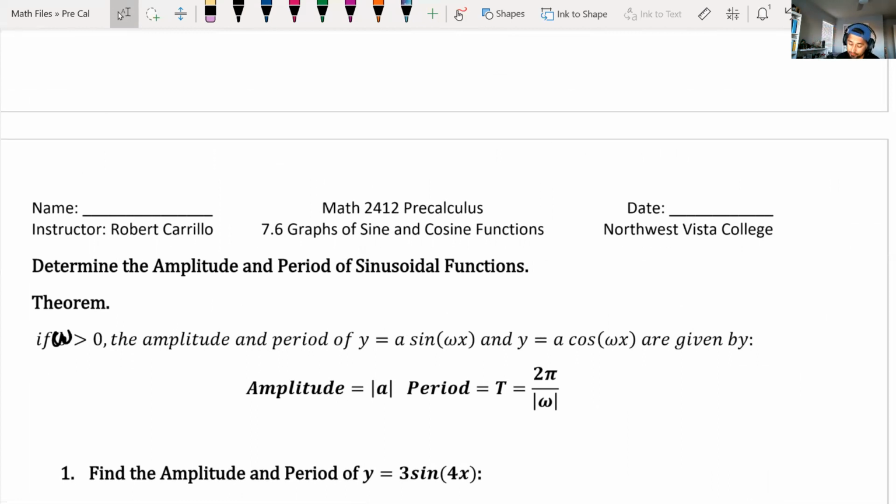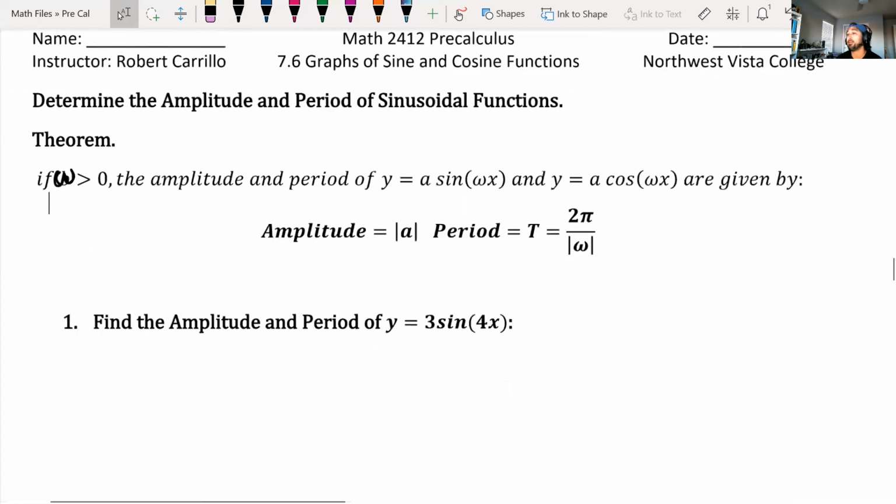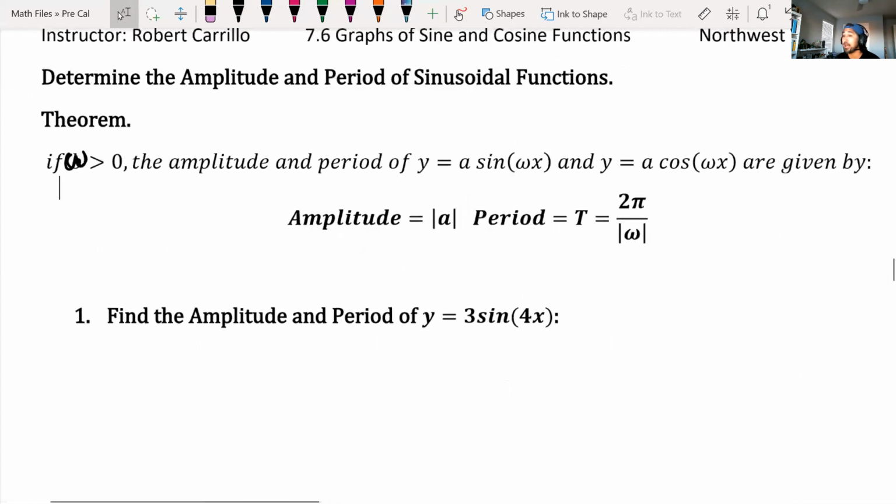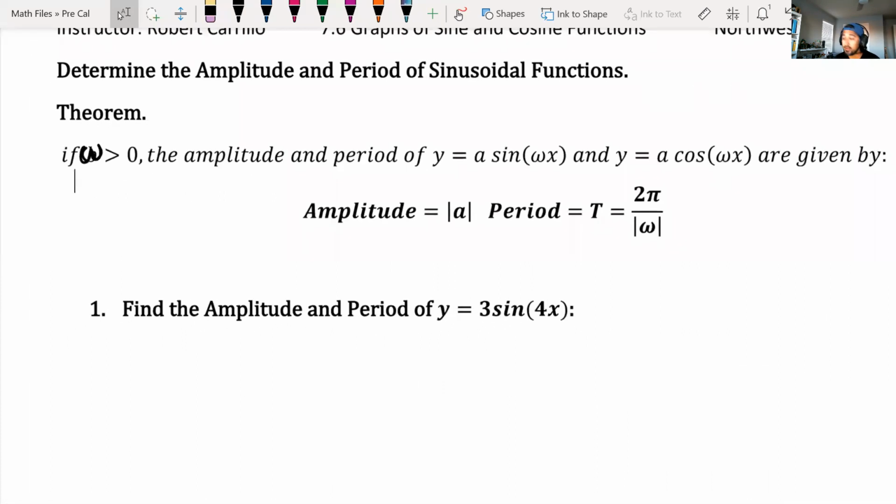Okay. So all we want to do in these exercises is find out what the amplitude and period is of each of these given trig functions. So for number 1, we're given y equals 3 times the sine of 4x. So what is the amplitude of this function? 3. So here, my amplitude is 3. The amplitude tells you how high your function goes and how low your function goes. So if we were to graph this function, we would go up 3, down 3, up 3, down 3.